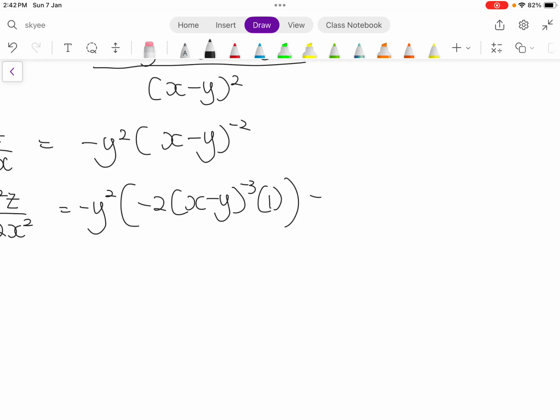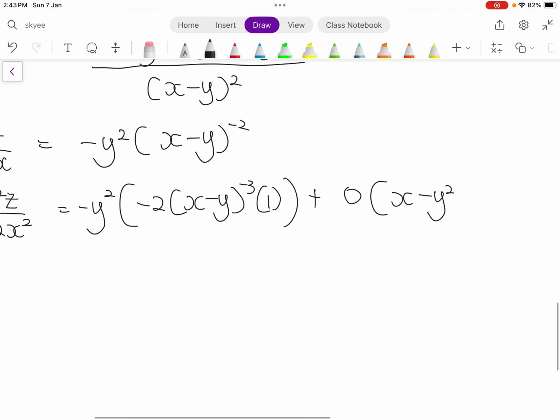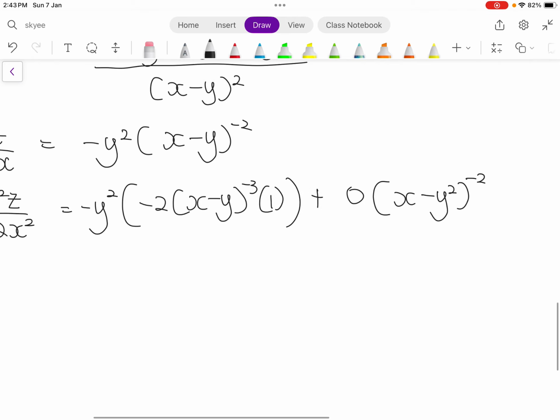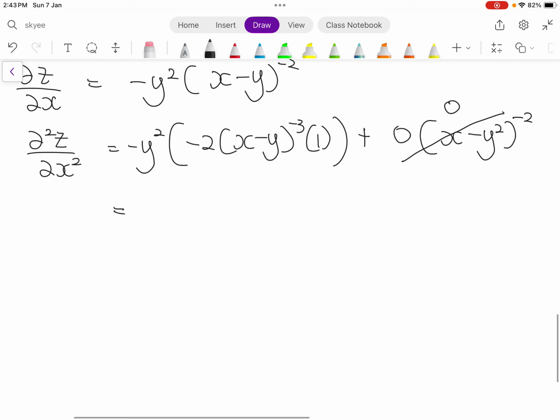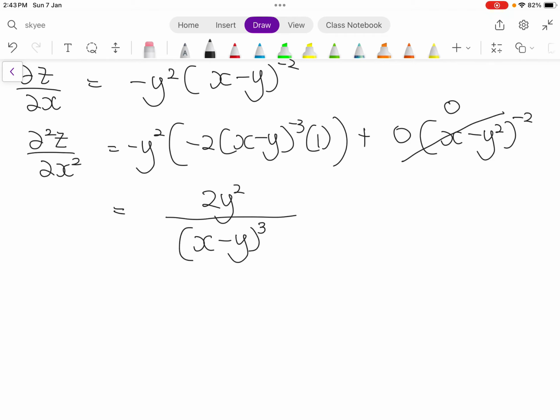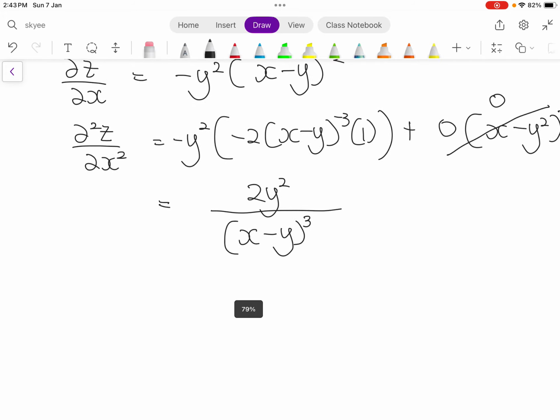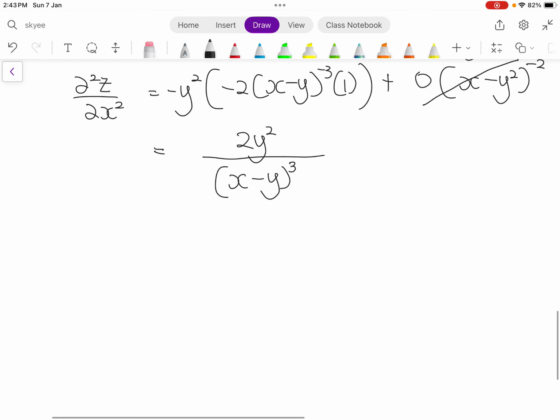For the second term you don't have anything, so you get 0, and this term will give you 0. So you will get 2y squared over x minus y to the power 3.